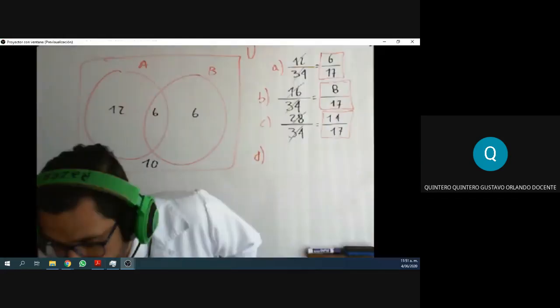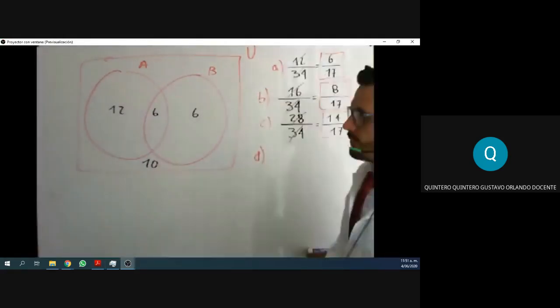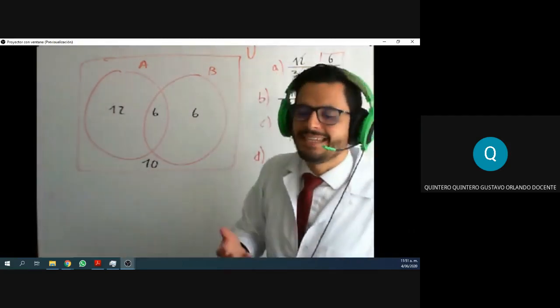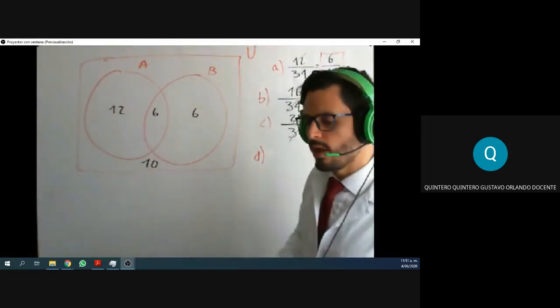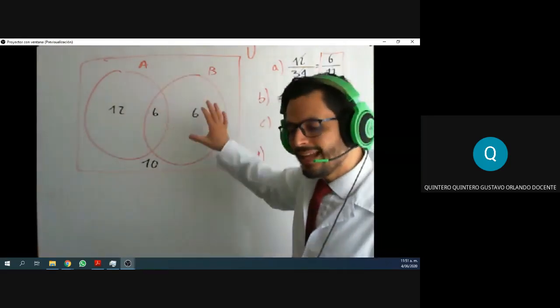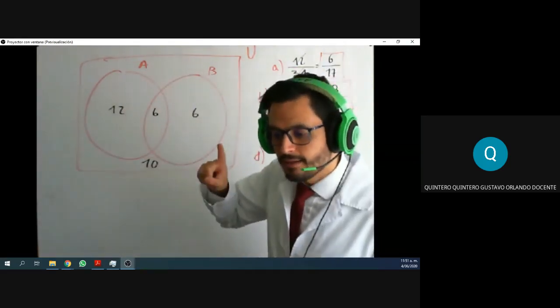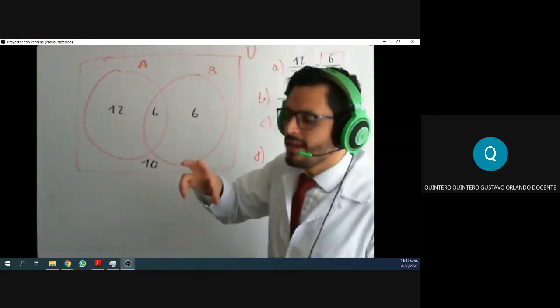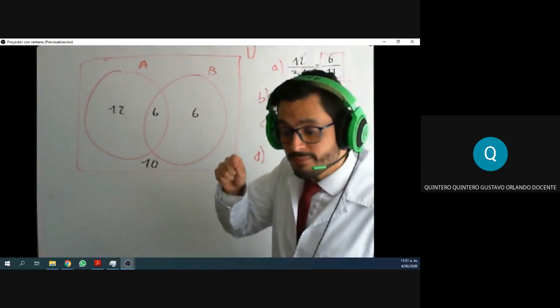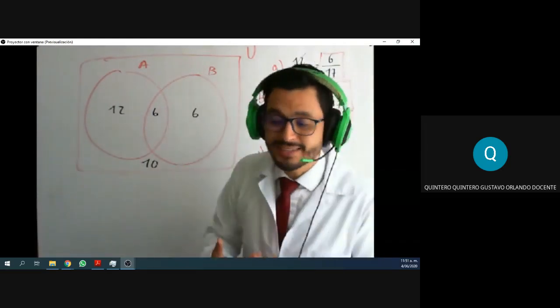So let's take a look at our diagram. Whenever we have conditional probabilities, the easiest possible way of answering those exercises is by taking a look at the diagram and creating a new diagram. We are going to erase some things from this diagram to make things easier.